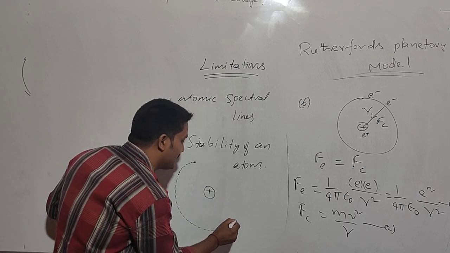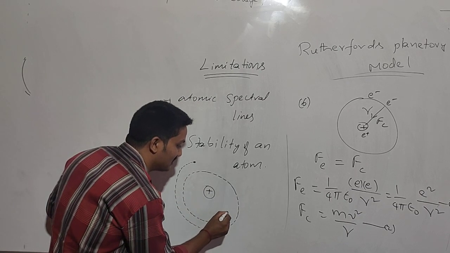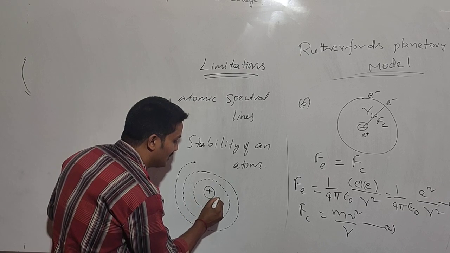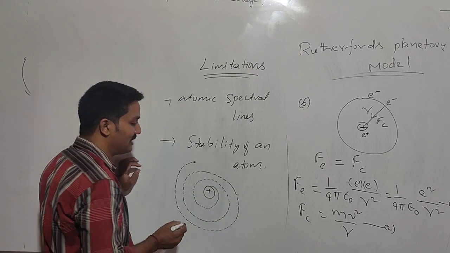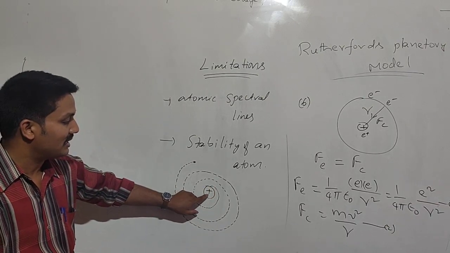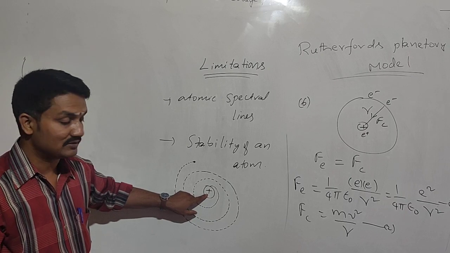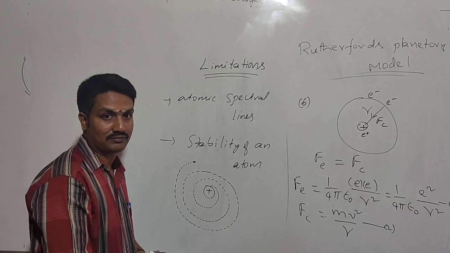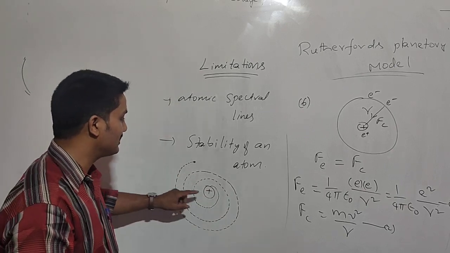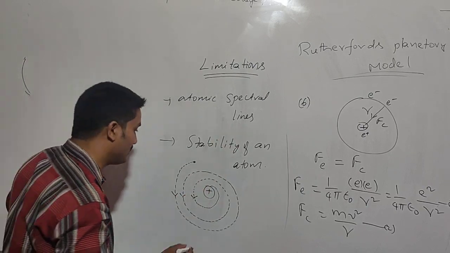Due to that decrease in energy, it is not going to maintain the circular path. Hence it may come very close to the nucleus, follow a spiral trajectory, and finally fall into the nucleus, and the atom would be spoiled. But it is not so; the atom is stable. But this was not explained by the Rutherford planetary model.